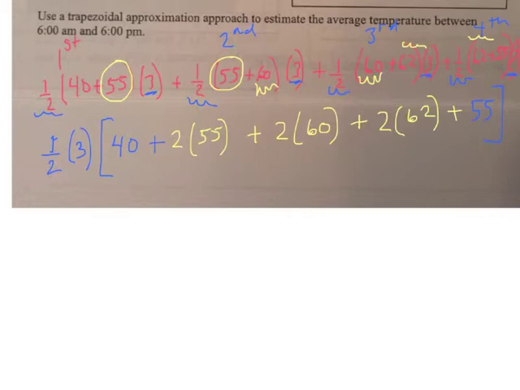Take note of your diagram and think about it. As I had highlighted on the earlier part of the screen, those middle y values are being used twice. When you are using the trapezoidal rule, that's going to be true. More than likely, your base length is going to be the same, but that's not always true. They could easily have given you data that went from, say, 6 o'clock to 9 o'clock, and then from, instead of 12, it could have gone from 9 to 1.